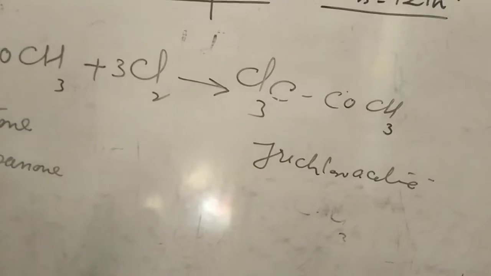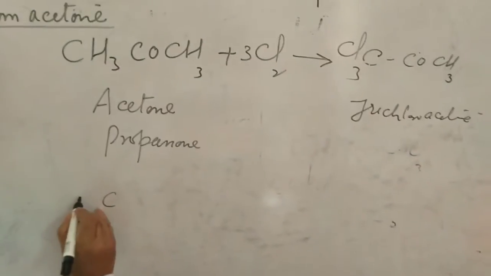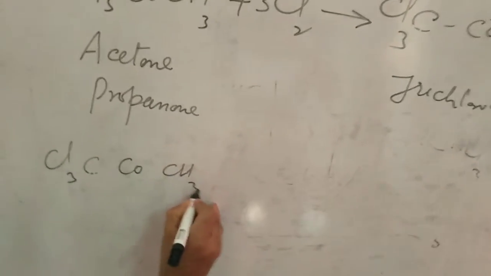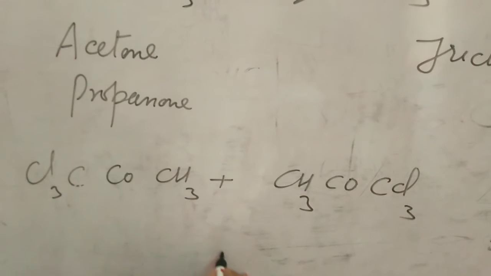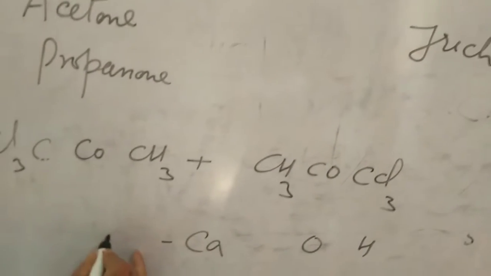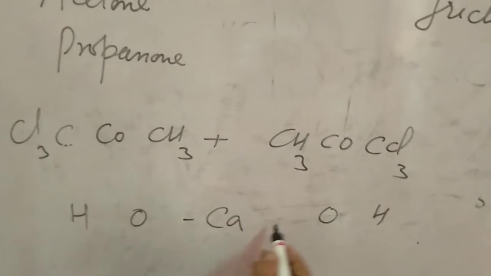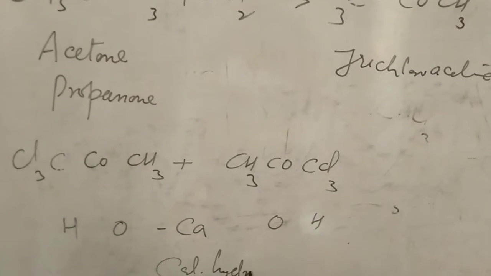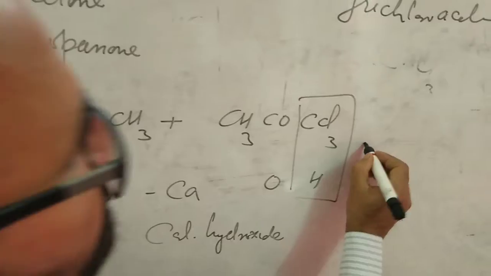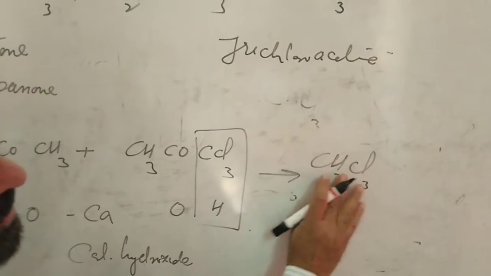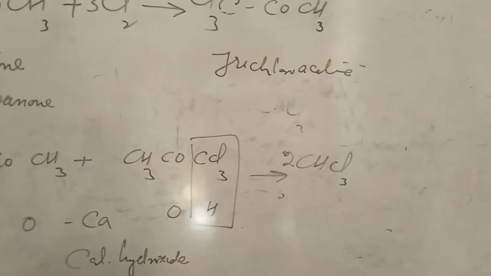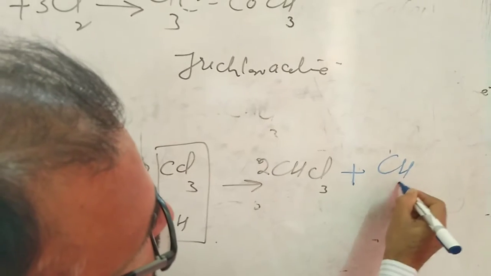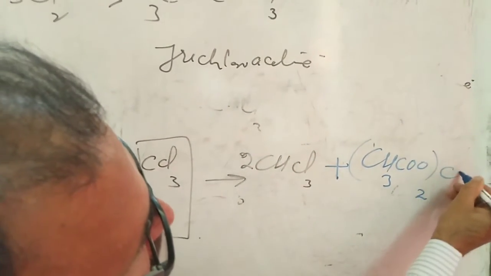with calcium hydroxide. Here I have taken calcium hydroxide. Now it gives twice the chloroform molecule, plus here we get calcium acetate. This is calcium acetate.